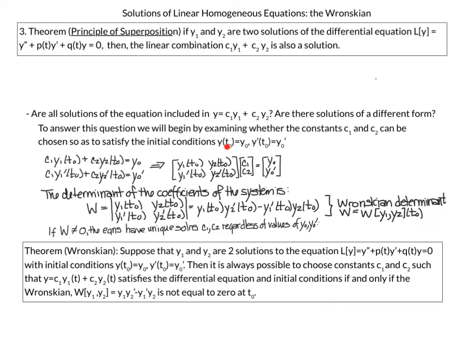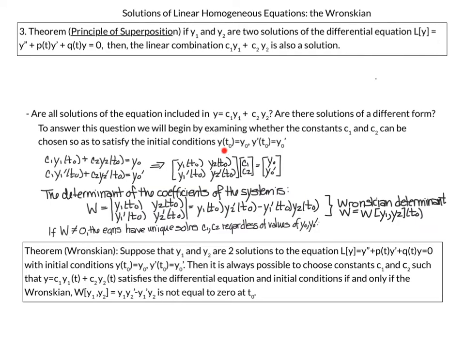And here I kind of summarized what we had. We had our system of linear equations that needed to be satisfied to satisfy these initial conditions, and we transformed that into the matrix of coefficients times the coefficients C1 and C2 that we're trying to solve for, given this solution of y naught and y naught prime.